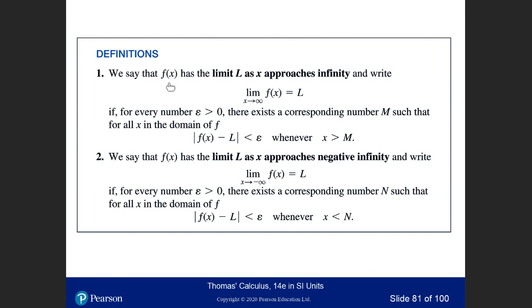We say that f of x has the limit L, which is a constant number, as x approaches infinity, and write this expression: limit as x goes to infinity of f of x is L. The condition is now, for every epsilon you give me, I must find a number n, probably a big number n, so that |f of x minus L| is less than epsilon for all x greater than n.